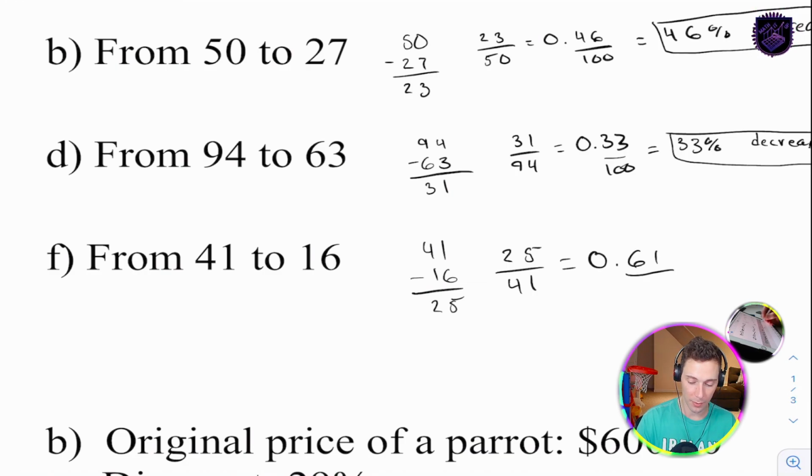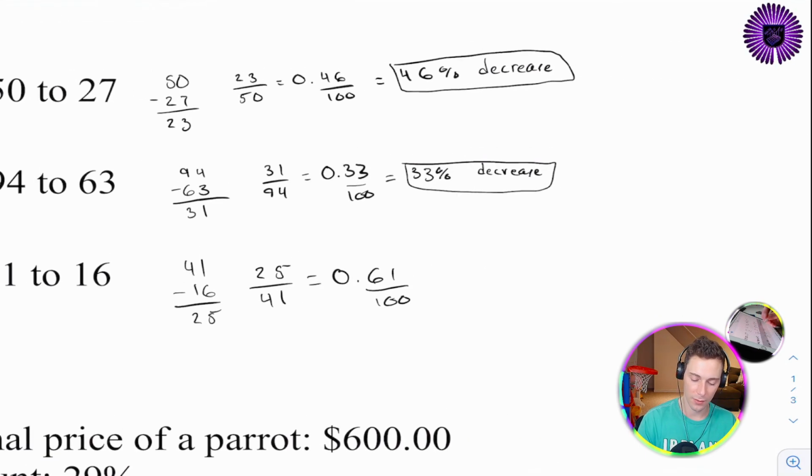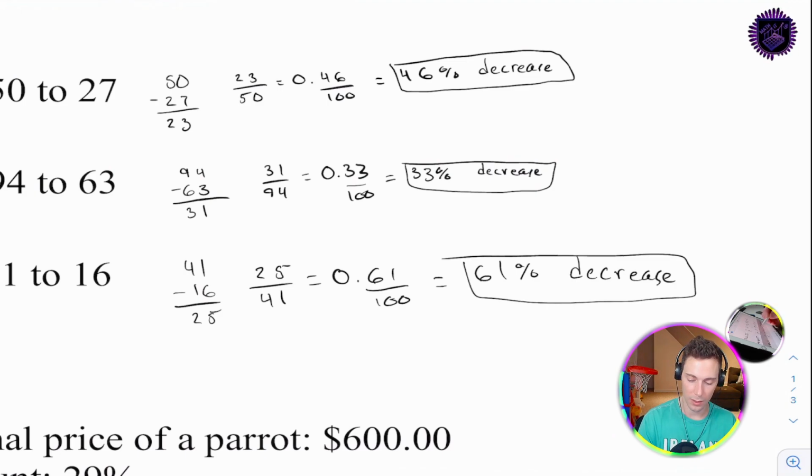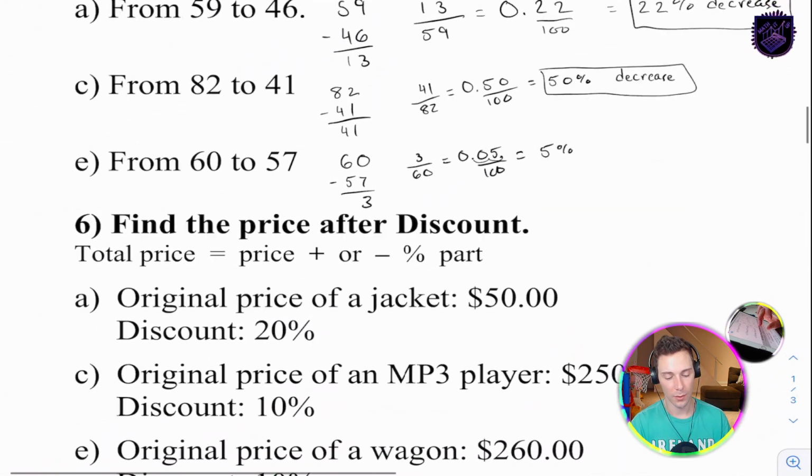I'm rounding up. Now if we put that into percentage form, 61% decrease. Get our answer in there. All right. Hurrah! Doing okay here.